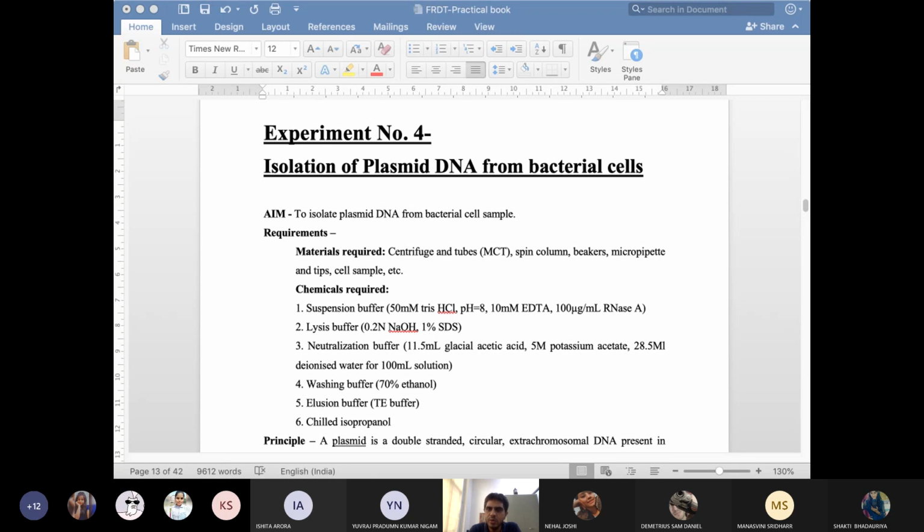So now we are not talking about whether the cell has it or not. Here the simple question is between plasmid and chromosomal DNA of a bacteria. You have to consider that the cell is going to have a plasmid. We are referring to a cell which has a plasmid and also a chromosomal DNA.